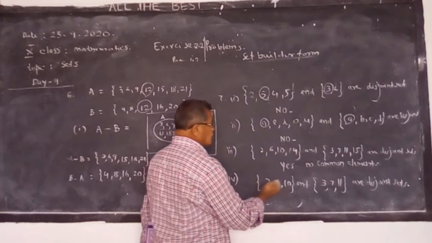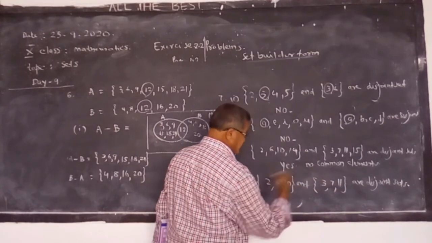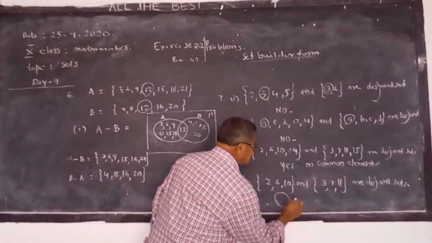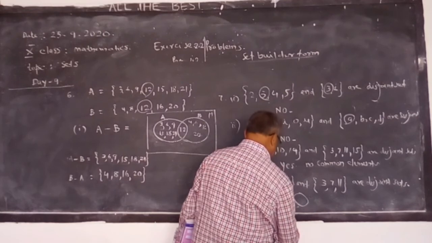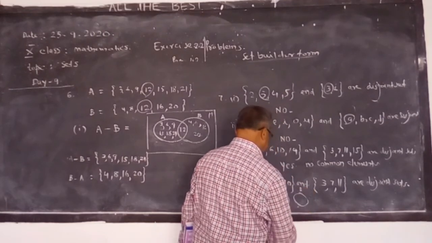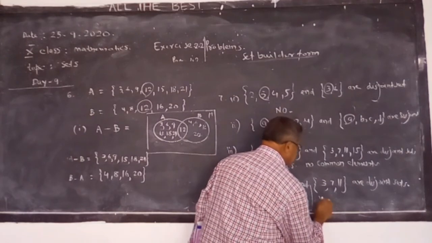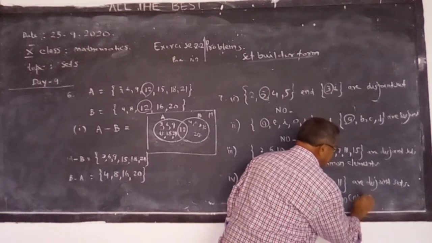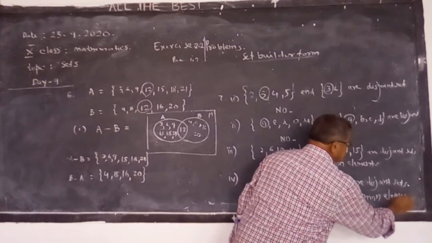Here also no common elements. 3, 7, 11 are different from 2, 6, 10. So no common elements. They are disjoint sets. Yes, right. Reason: no common elements. Easy.